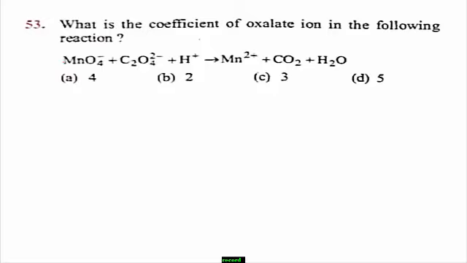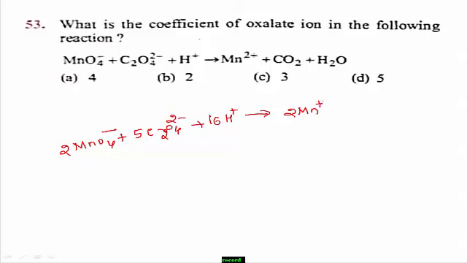Before going to the options, first I write the balanced reaction. Here 2 moles of MnO4 minus react with 5 moles of C2O4 2 minus plus 16 H plus, giving 2 moles of Mn 2 plus, 10 moles of CO2 plus 8 moles of H2O.